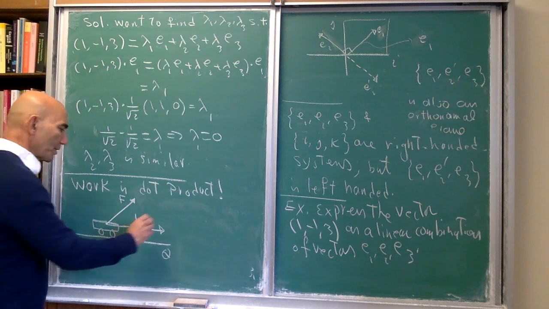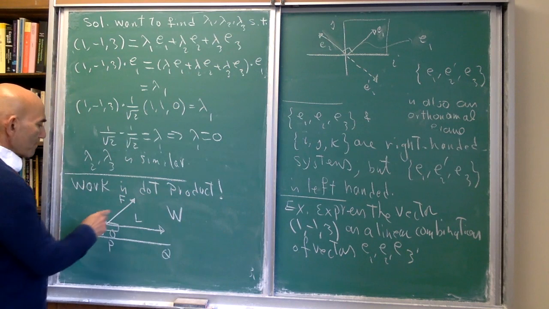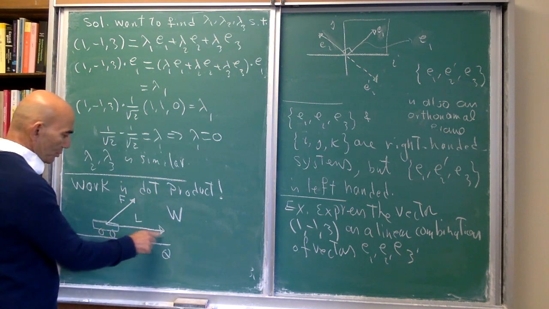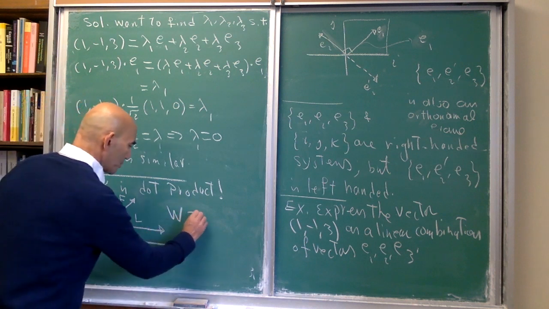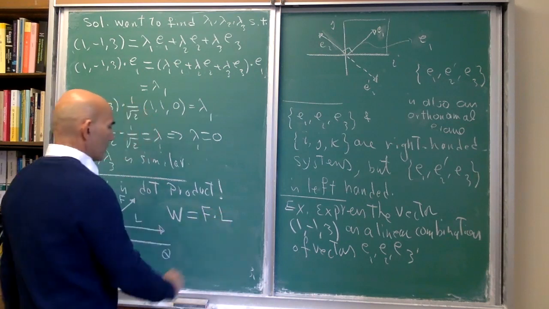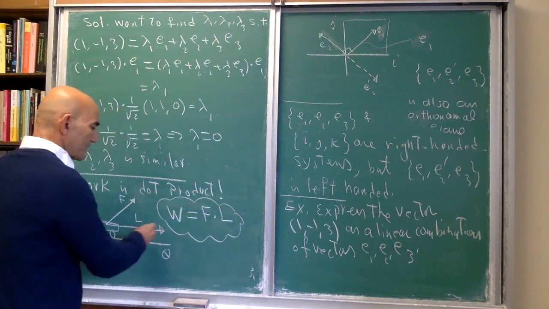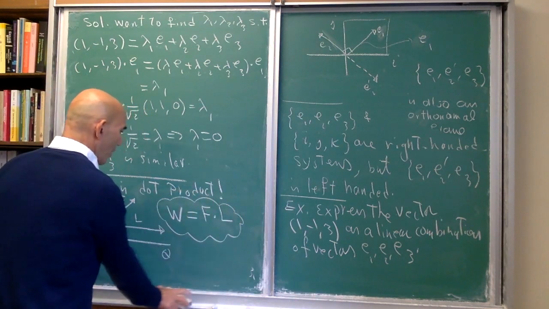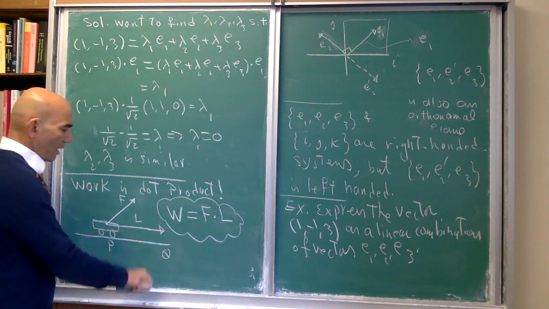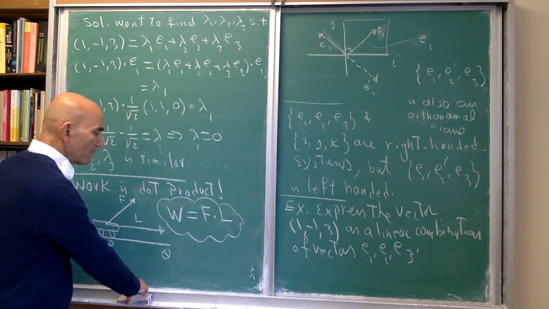So then the work W that's done by F in moving my shopping cart from P to Q is by definition equal to F dot L. So we say this is the work done by F in moving the shopping cart from P to Q. Yeah, okay.